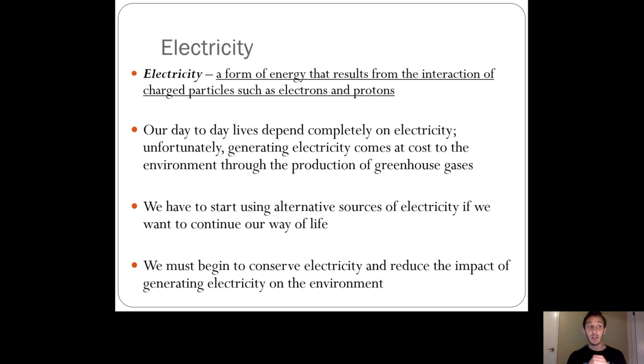The technology exists. The infrastructure doesn't exist quite yet to do that. We're sort of built for fossil fuels, but the technology exists in such a way that we could power nearly everything except for airplanes with renewable energy resources.